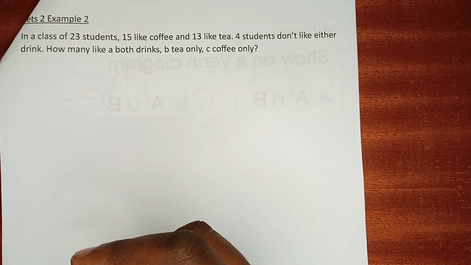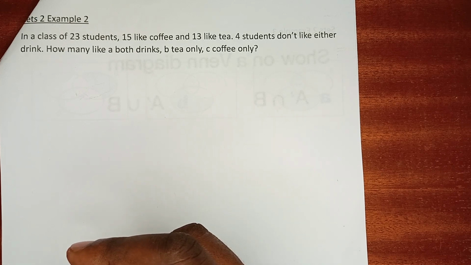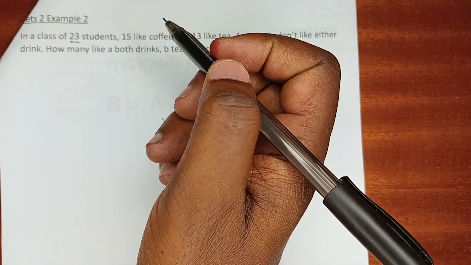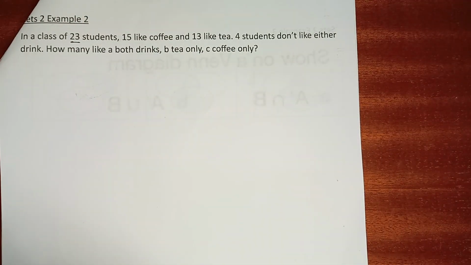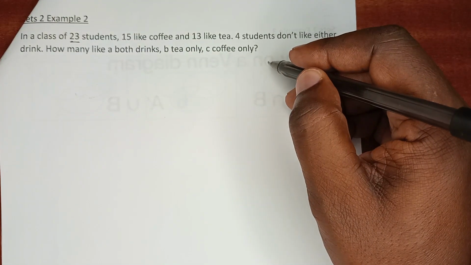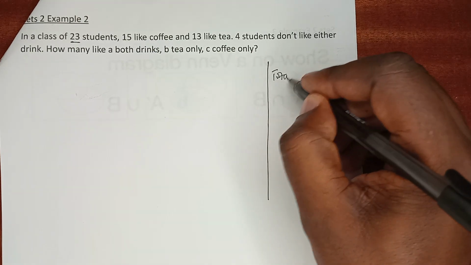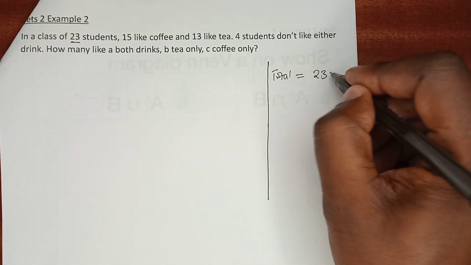Kamotho. And in this video, I want to explain example 2 on set 2, which says in a class of 23 students, 15 like coffee, and we have to have information here. The total number of students is 23.